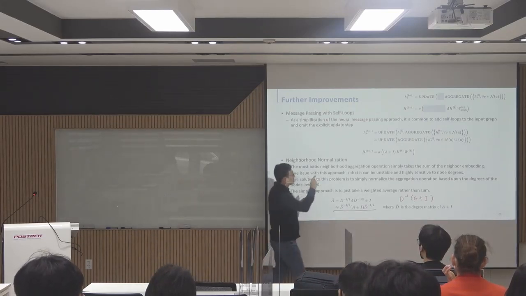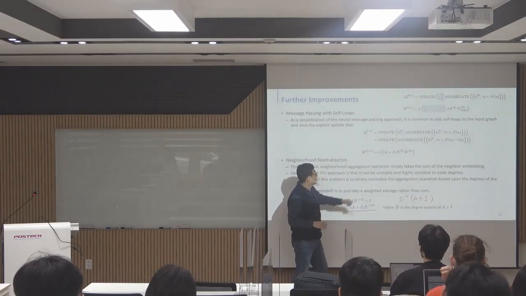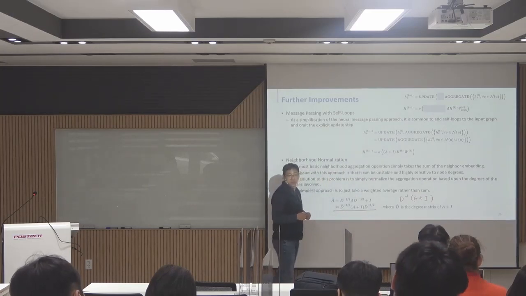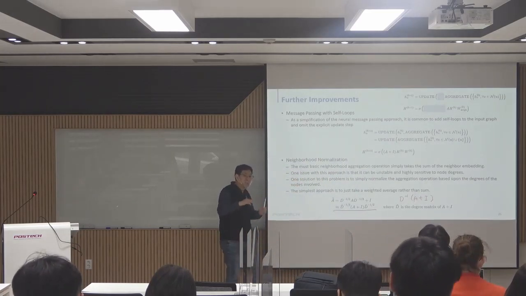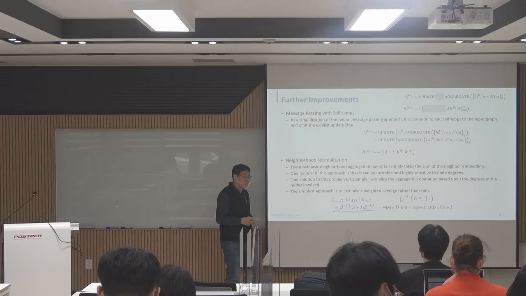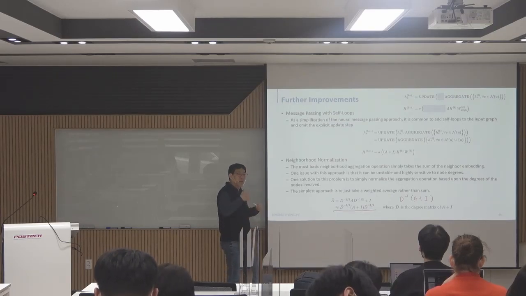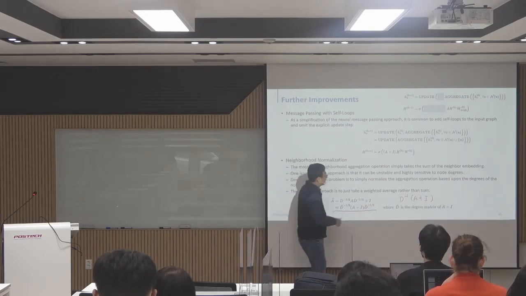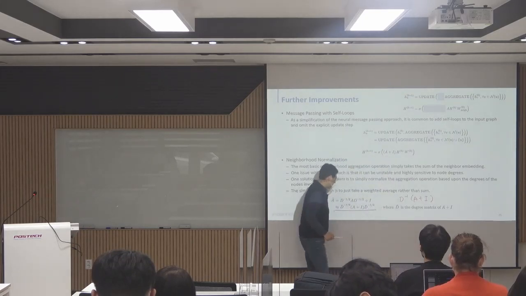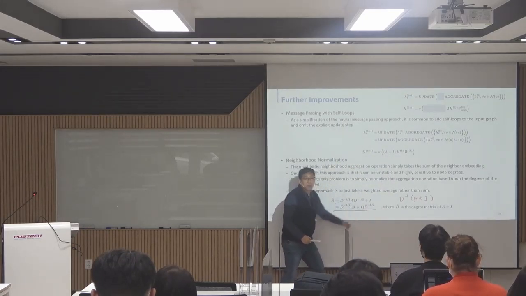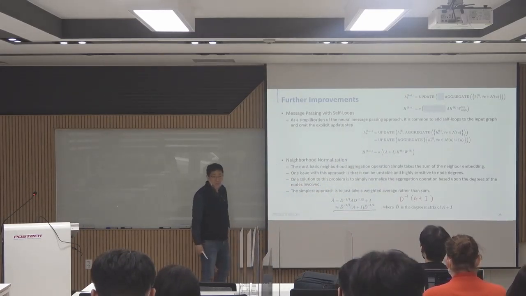I'm not going to use the A matrix. I'm going to use A plus I, because I want to include the self loop in my considerations. And I'm not going to use this one. Instead, I'm going to use this, which is normalized.